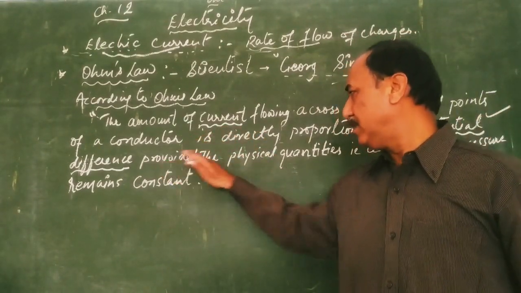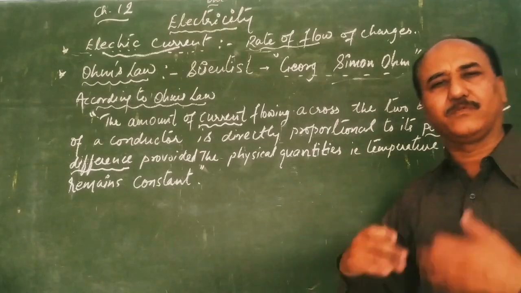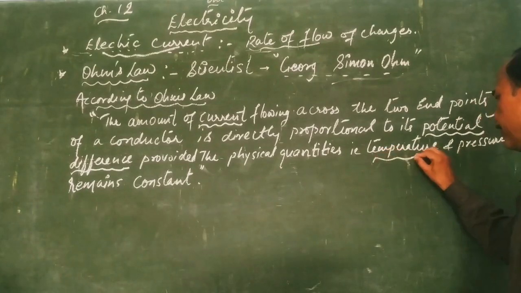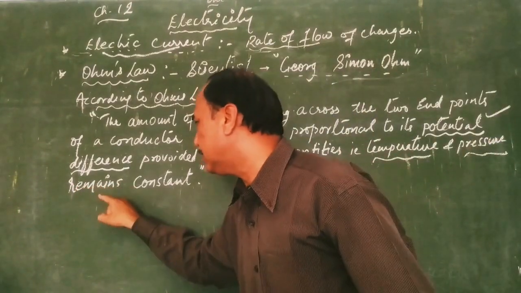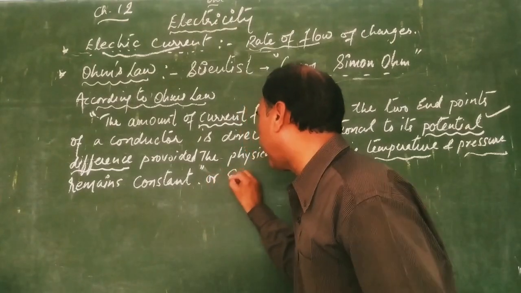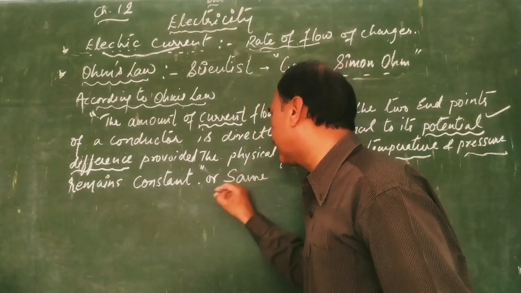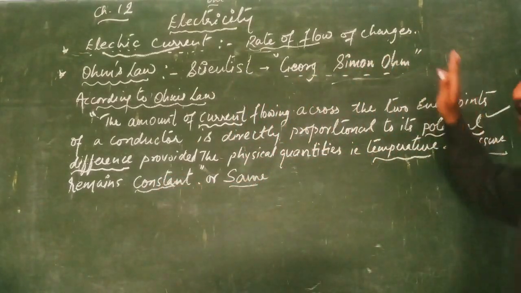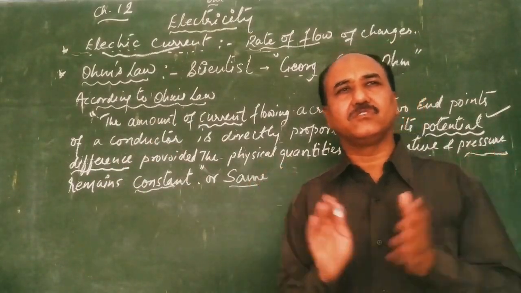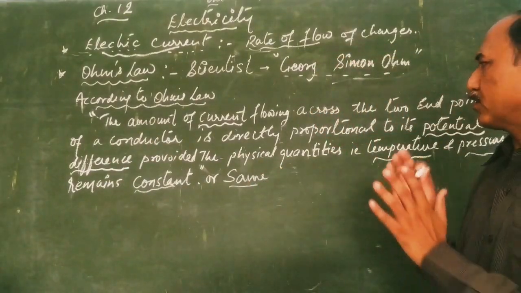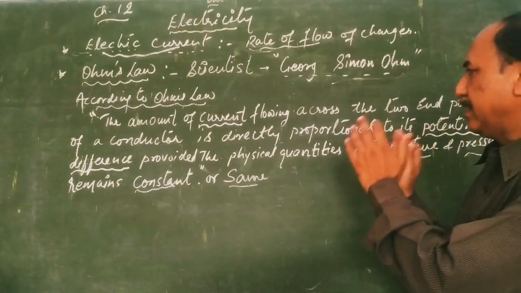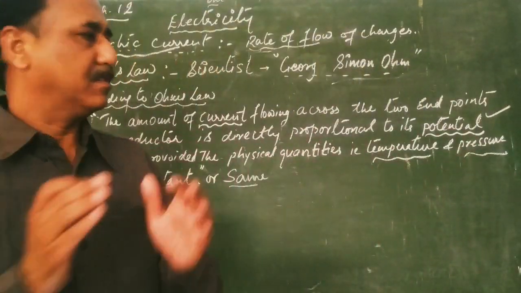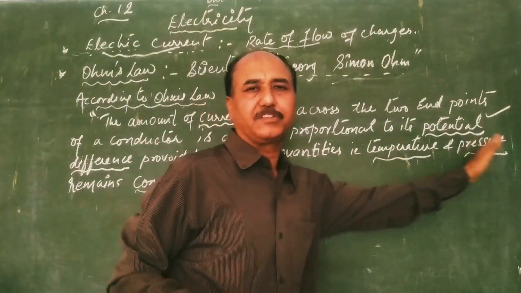The condition is that the physical quantities, temperature and pressure, should remain constant or the same. So according to Ohm's law, the current flowing across the conductor is directly proportional to its potential difference, provided the temperature and pressure remain constant.